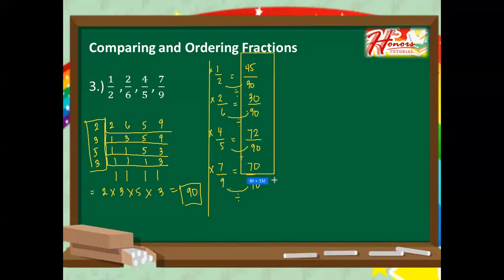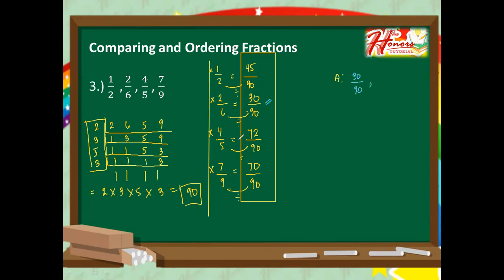This one, in ascending and descending order. For ascending order, let's write A here. And then let's choose the least number. So that is 30, this one. I will choose another color. So that is 30 over 90.